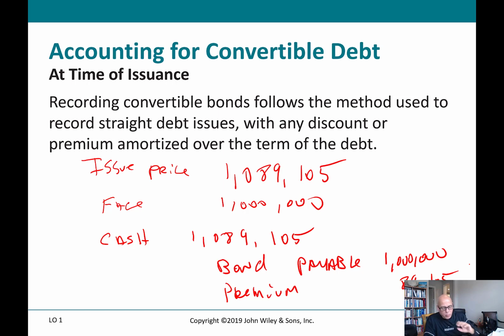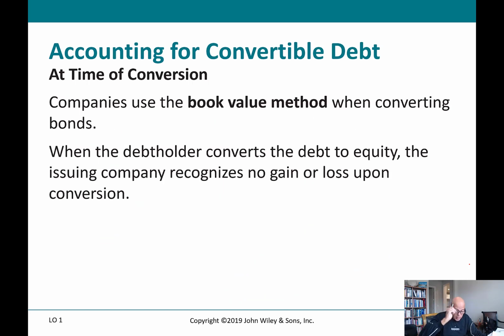And as I said, with convertible bonds, most of the time they issue at more than face because people like the conversion feature. But notice I'm not doing any specialized accounting to deal with the conversion feature. I don't deal with the conversion feature until the bond is actually converted, in most cases, into the common stock.